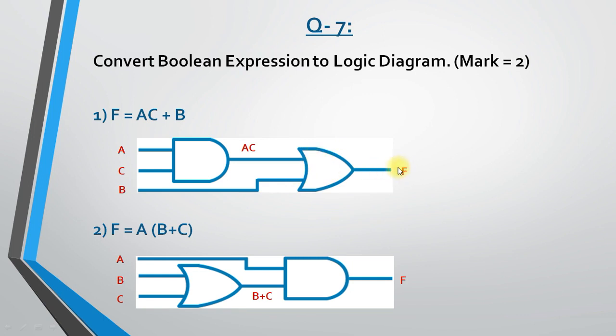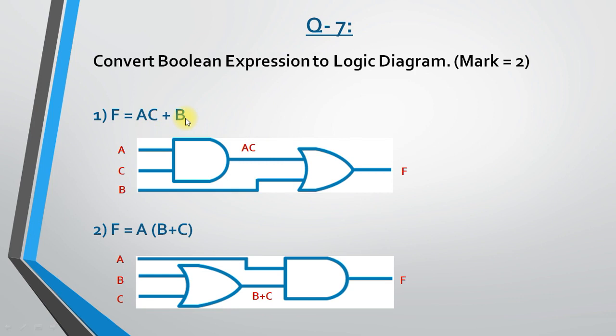And finally, the output variable is generated in the form of f. So finally, I will get the value of f, and the value of f is AC plus B.